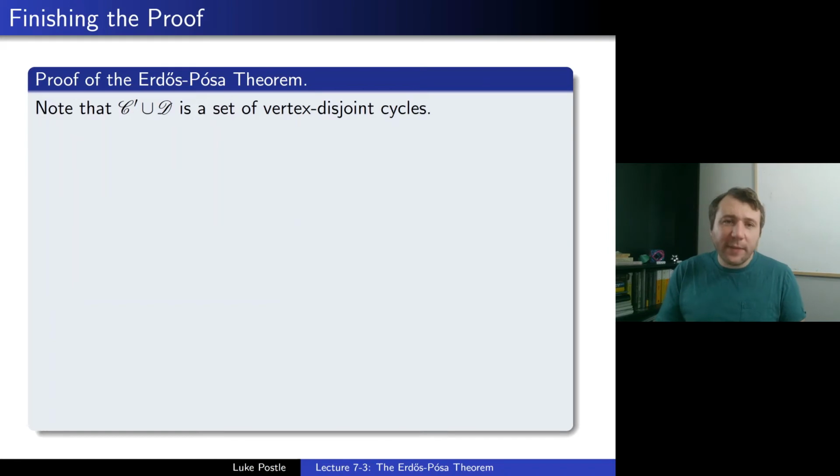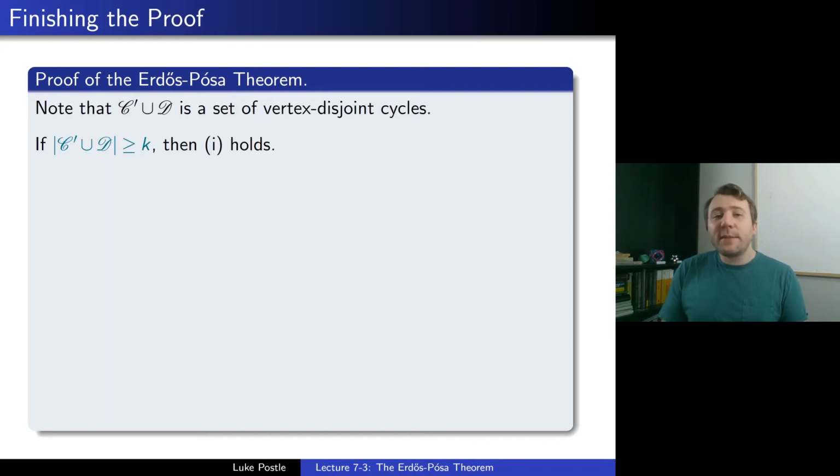The claim is that C prime union D is a set of vertex disjoint cycles. Obviously the D are different components, so they're all disjoint. They don't intersect the C prime because they avoided Z. And the C prime are disjoint because otherwise we could get a more maximal path.